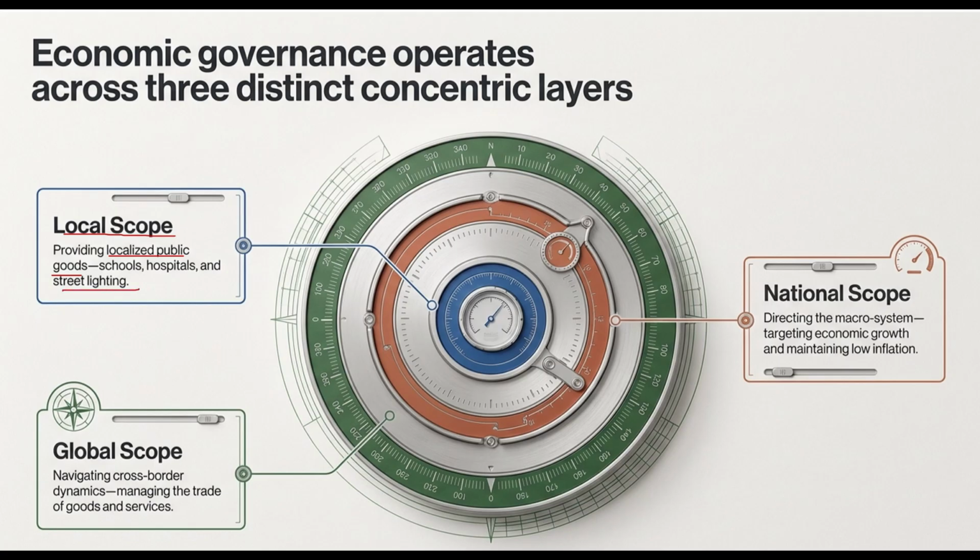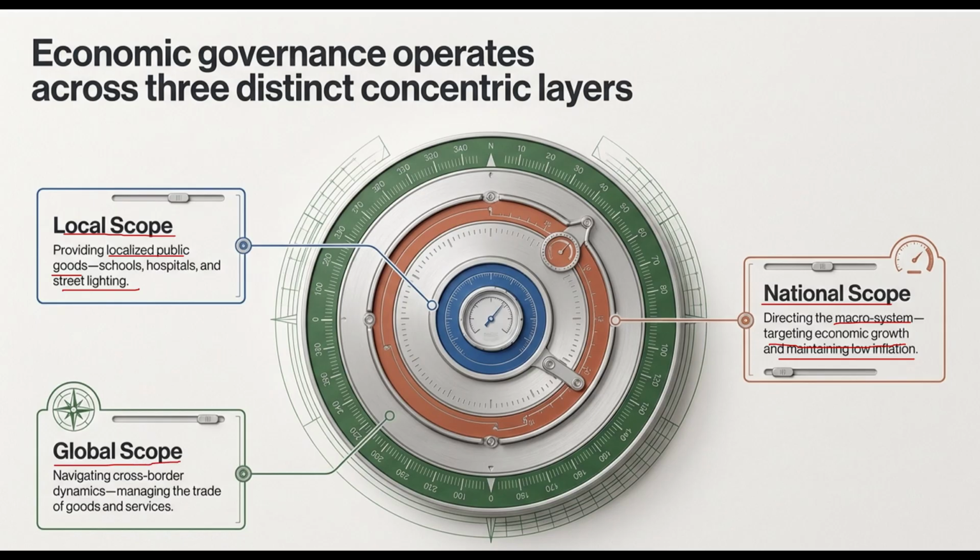Okay. Then we have the next level, that is the national level. So they focus on economic growth, employment, and inflation control. So the national scope is directing the macro system, targeting economic growth, and maintaining low inflation. Lastly, we have the global level, right?